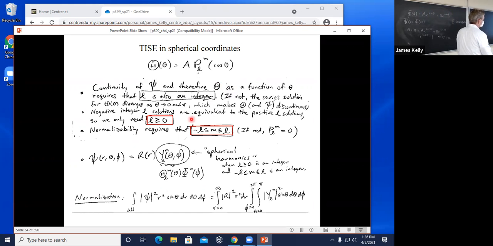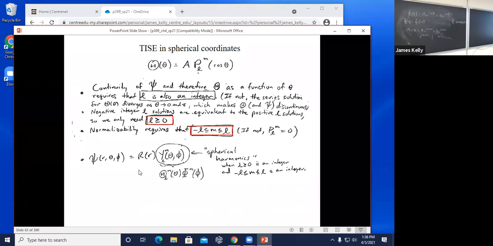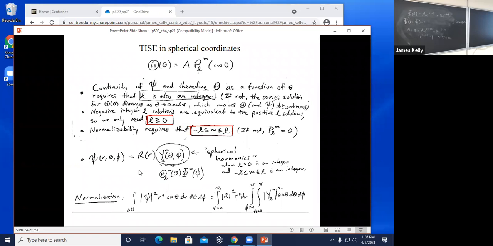So in terms of the whole function psi, I have to integrate over all space. I have to integrate times dV in spherical coordinates, a little differential volume, right? R squared sine theta dr d theta d phi, your old friend from three-dimensional calculus.